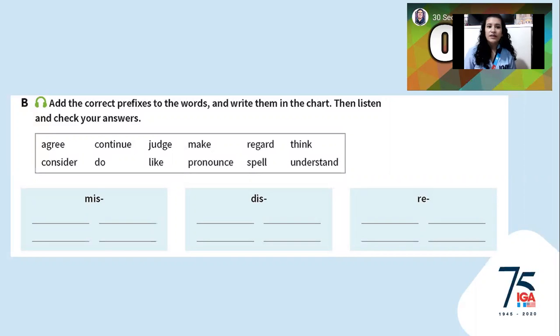You have only one option to place these words with these prefixes, okay? I'm going to give you 30 seconds so you can match them. And then we're going to check them together and we're going to practice our pronunciation a little bit, okay? I'll see you in 30.